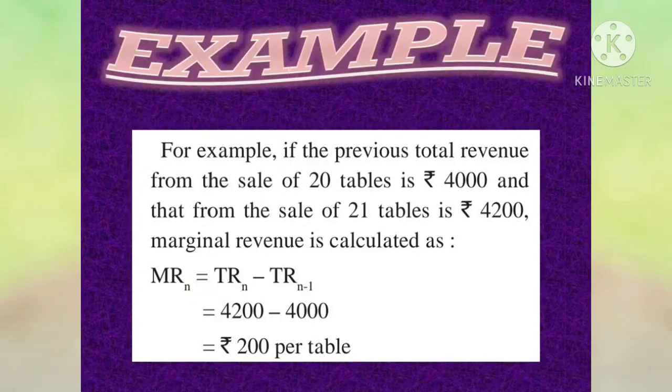So 4,200 minus 4,000 is rupees 200 per table, which is known as marginal revenue of n units.